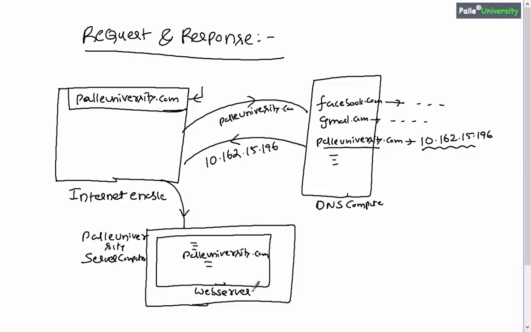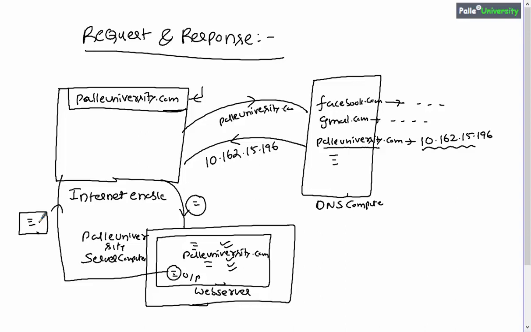Okay. Now once some data is sent from the browser to the web server, I said the web server will execute the corresponding website code, and it will prepare some output, and that output will be sent back to your browser computer. Okay. Now let me try to explain a few important points related to the browser and web server communication.